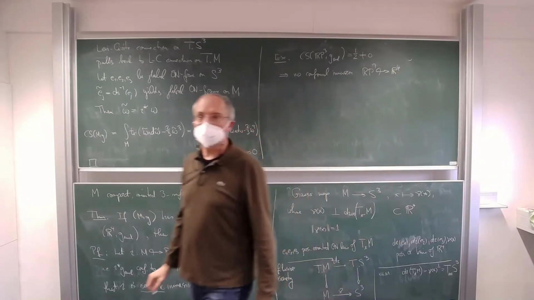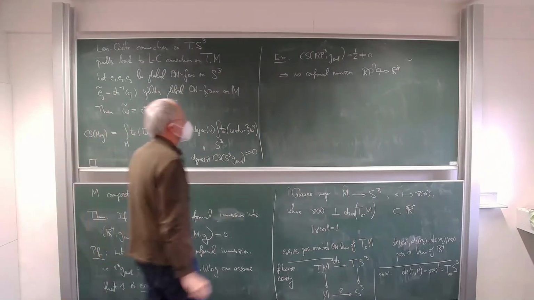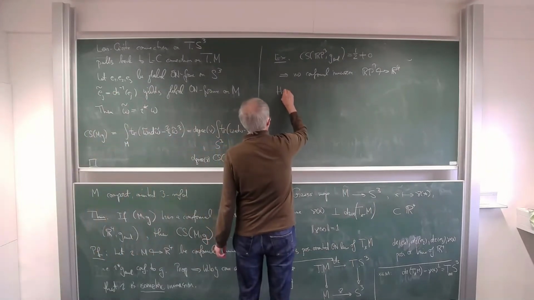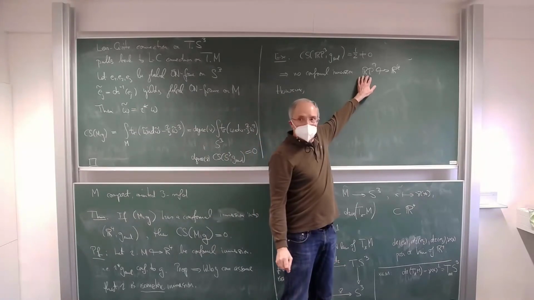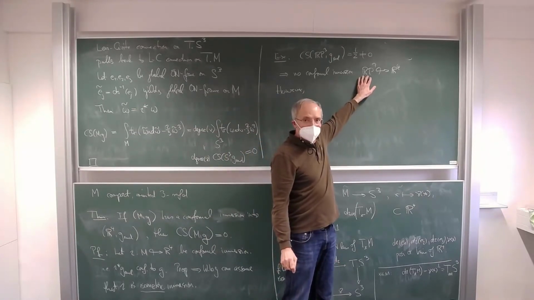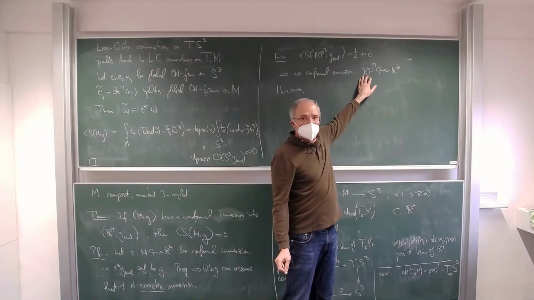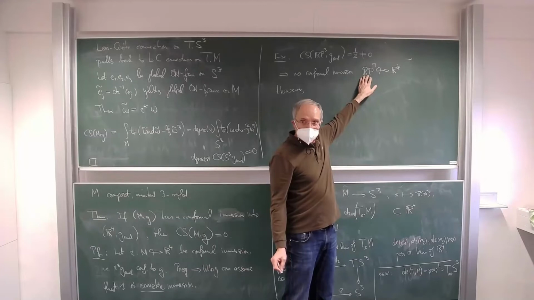And that's remarkable insofar as locally this manifold is isometric to the three-sphere, and the three-sphere embeds isometrically into R4. So we have local isometric embeddings, certainly.